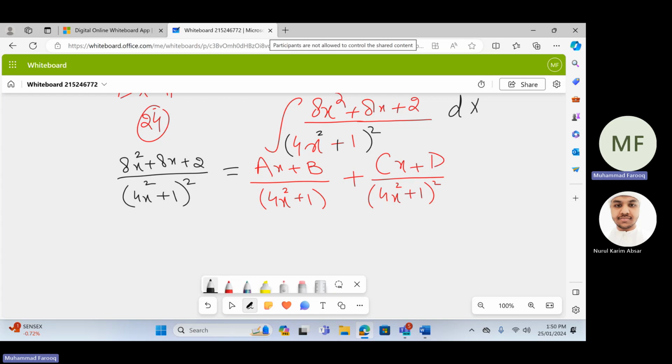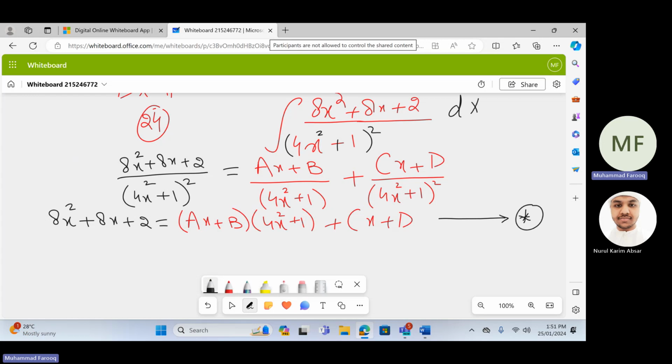The factor multiplied here cancels out, so we get 8x squared plus 8x plus 2 is equal to (Ax plus b) times (4x squared plus 1) to the power 1, because it was power 2: one cancels, one remains. Here, when we multiply, the factor completely cancels, so we have Cx plus D. This is your star equation.